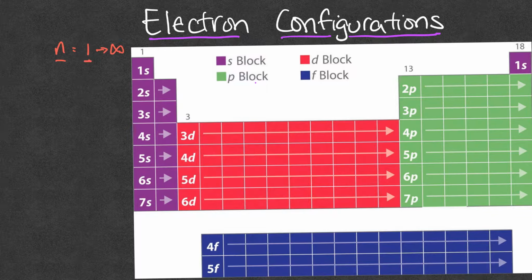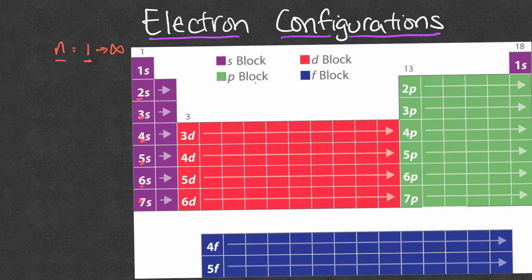Energy level number 1 is the energy level that's closest to the nucleus, and then as you move on to 2, 3, 4, 5, 6, 7, the energy level is further and further away from the nucleus itself.